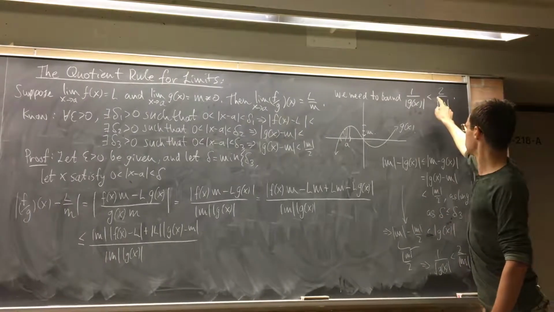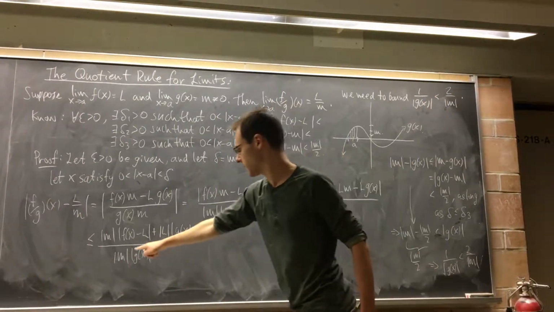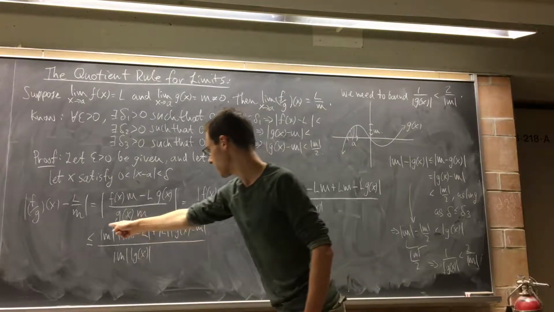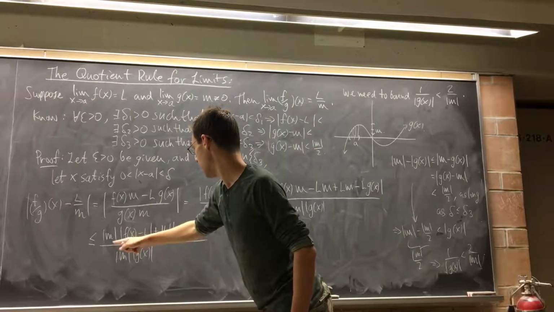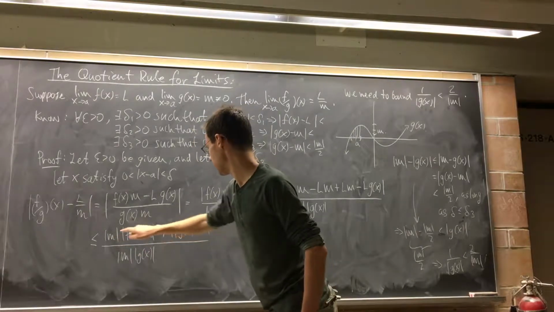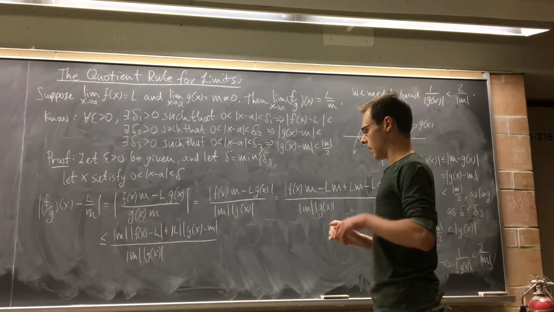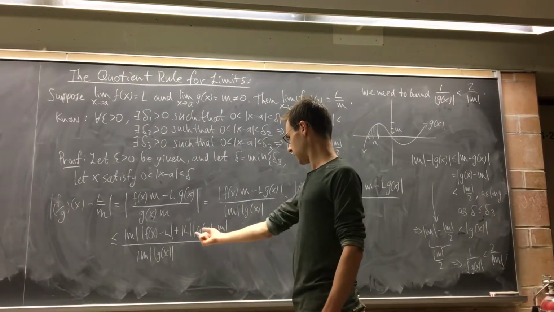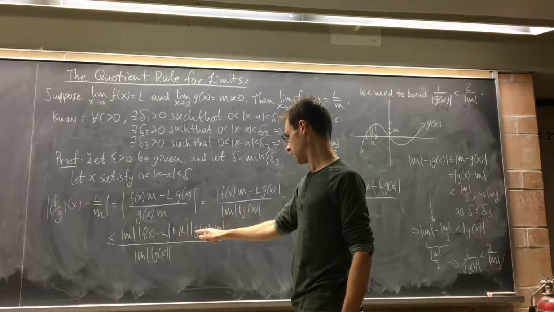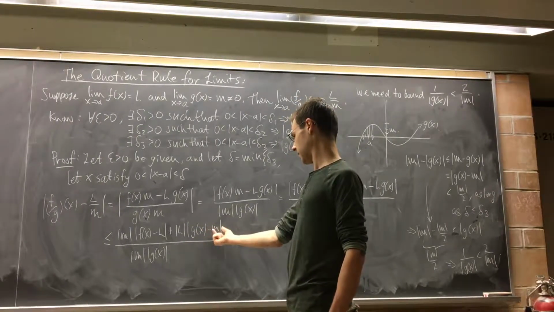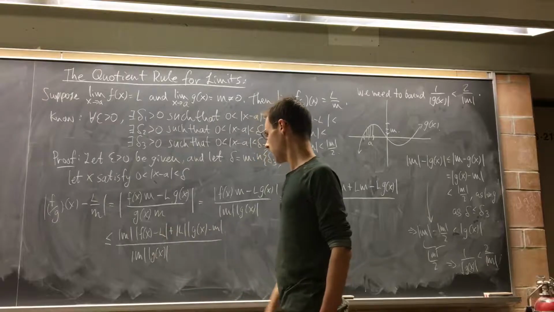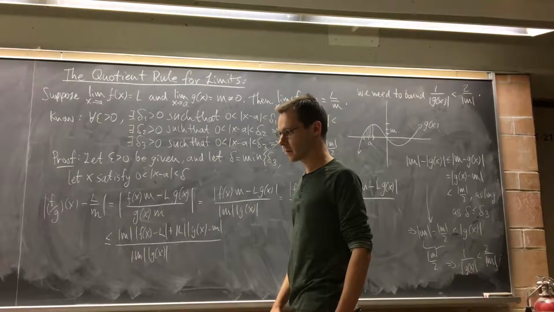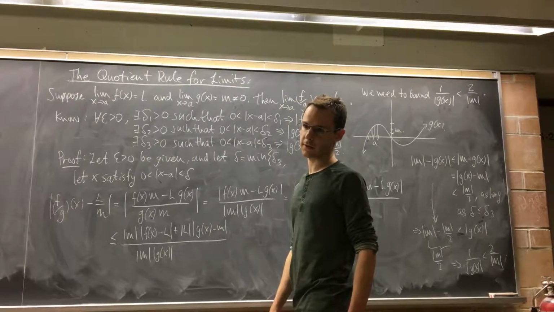Now, we're going to use that to get rid of the abs g of x in the bottom. But before we do that, we're going to replace these two quantities with something. If you remember back to the product rule proof, in order to cancel out some constant in front of a g of x minus m or an f of x minus l, we needed to replace the abs value of our limit with 1 plus the abs value of the limit.